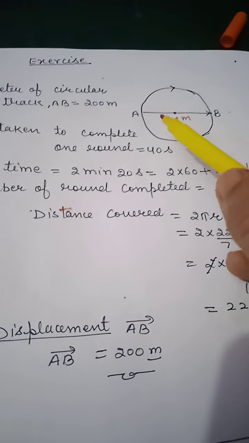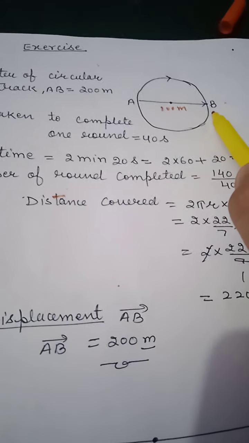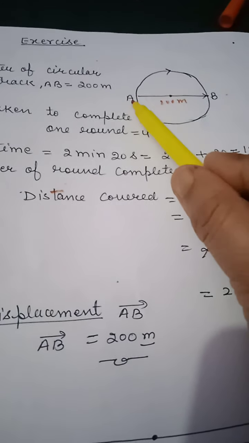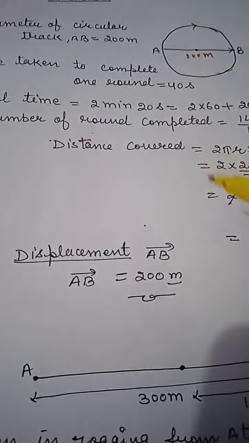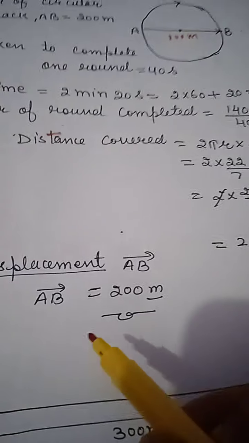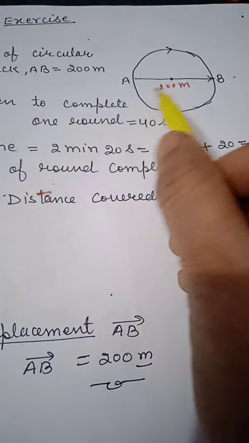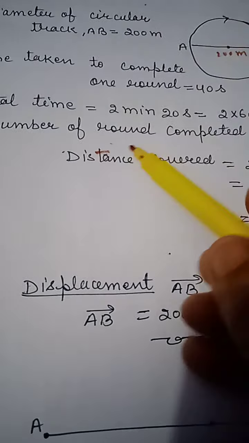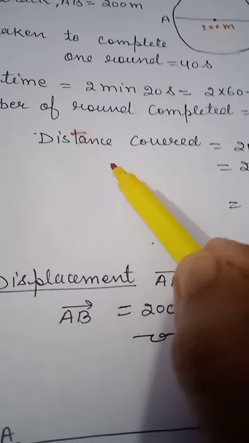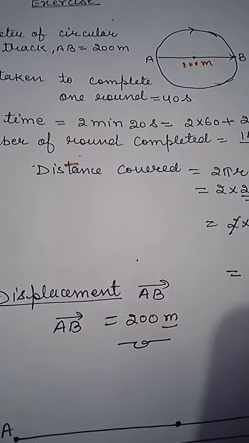If we see the displacement, that is the shortest distance, meaning the athlete moves from A to B. So AB is equal to 200 meters, because the diameter of the circle is 200 meters. So we have calculated the distance covered as well as the displacement of the particle.